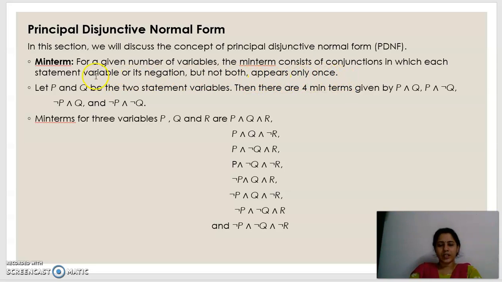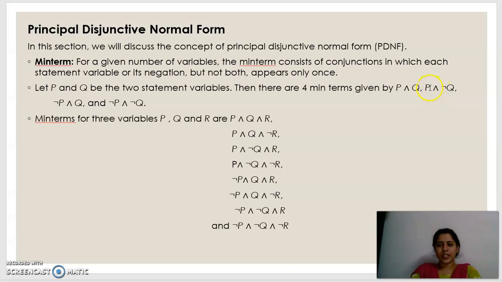So here the min term contains either the negation or the normal form of any variable, the variable only appears once, and those are connected by the conjunction. For example, if you take P and Q, two statements, then there are four possible min terms. Those are P and Q, where both P and Q are normal variables.